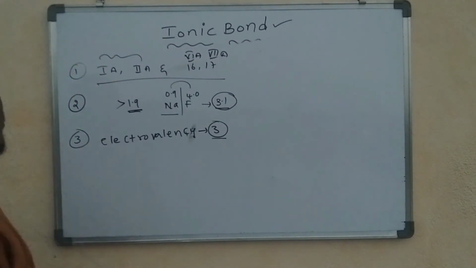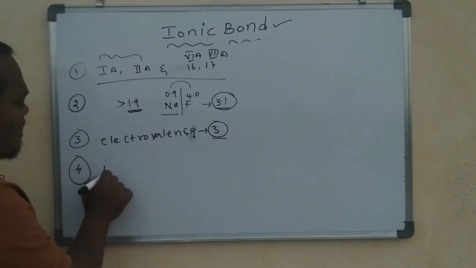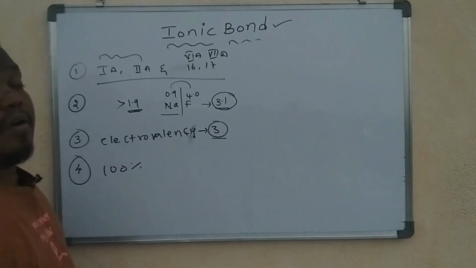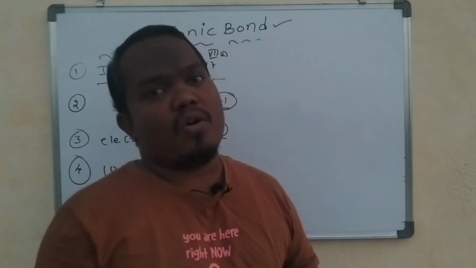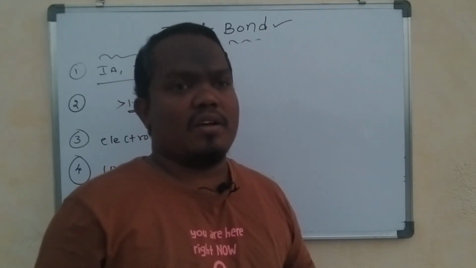And also, if you observe, there is no 100% ionic compound; at least there is some percent of covalent character in ionic compounds.